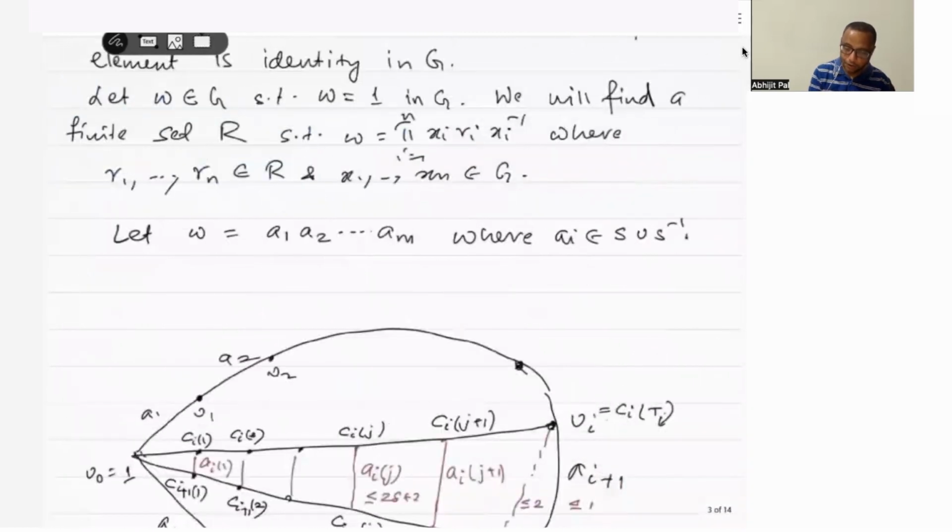Therefore, there will exist R1, R2, ..., Rn in R such that W can be written as the product of these conjugates xi Ri xi inverse.